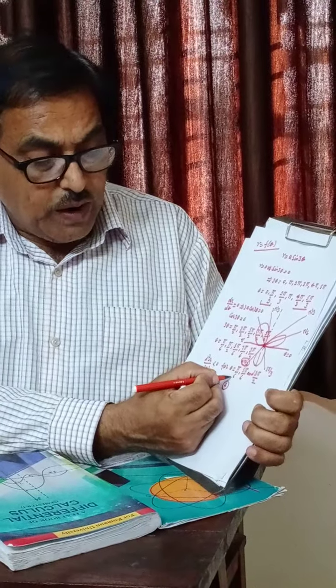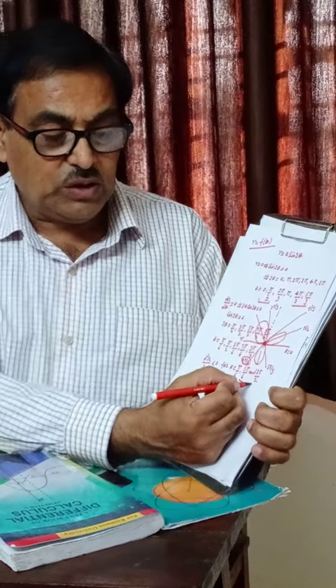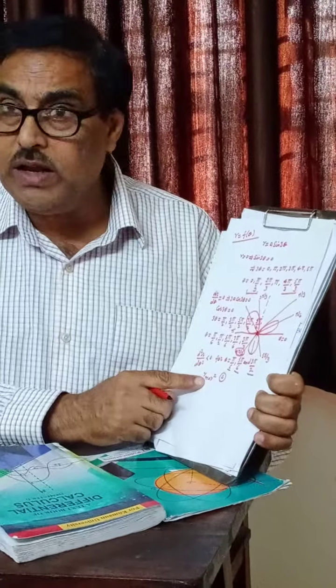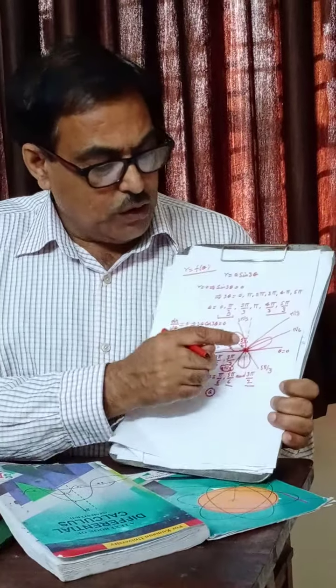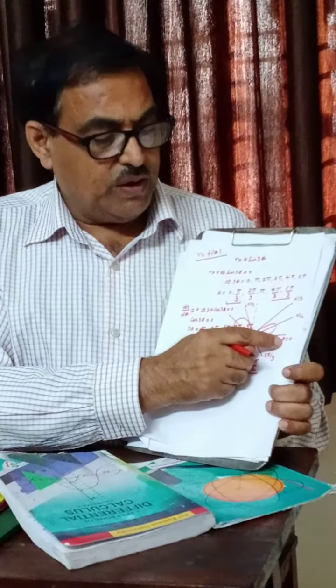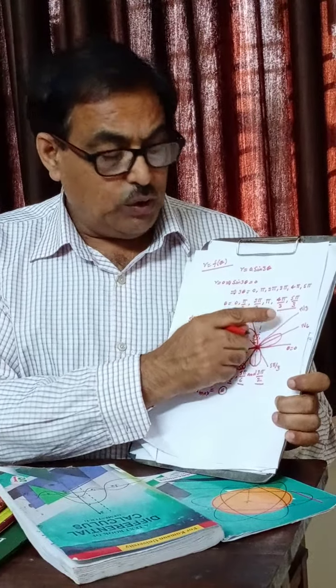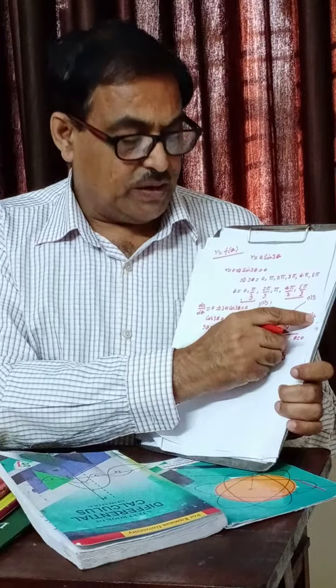So at theta equal to pi by 6, theta equal to 5 pi by 6 and theta equal to 3 pi by 2, r has maximum value, and its value comes out to be a. So the first loop is between theta equal to 0 and pi by 3, and its maximum value is a at theta equal to pi by 6.